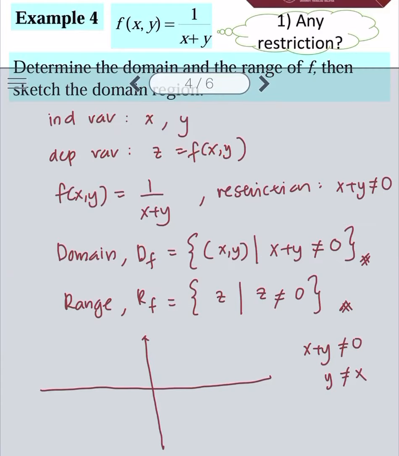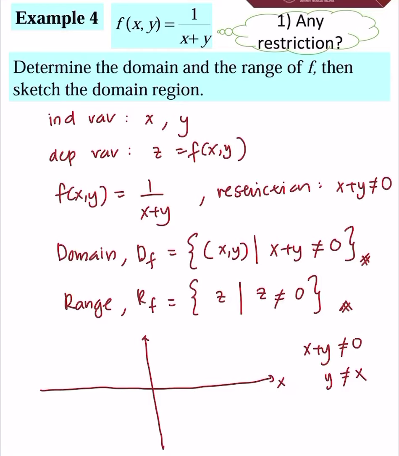On the x, y axes, y cannot equal negative x, so we sketch this line. It has a negative slope, so it will be like this.